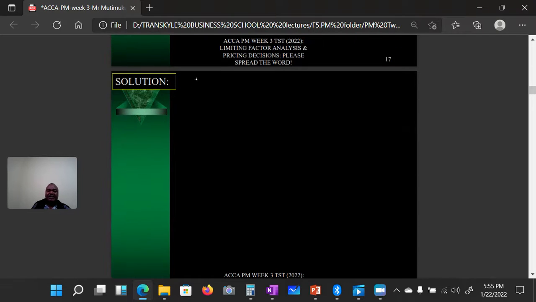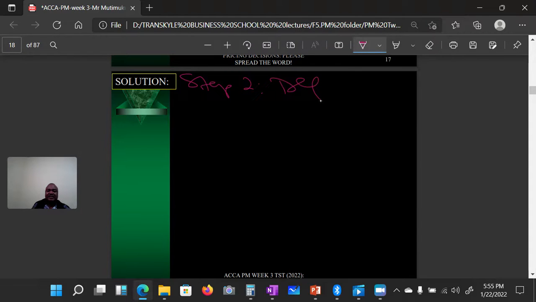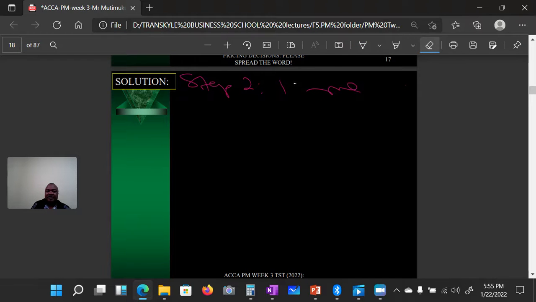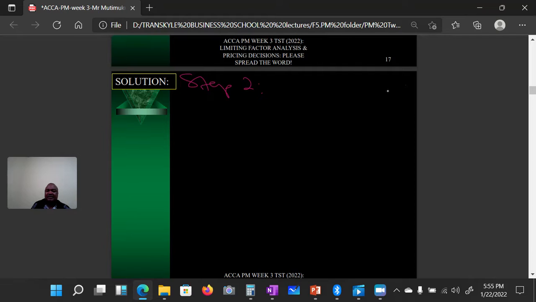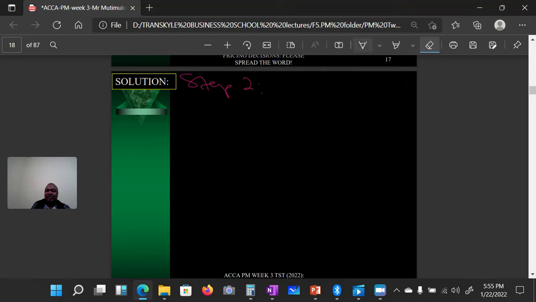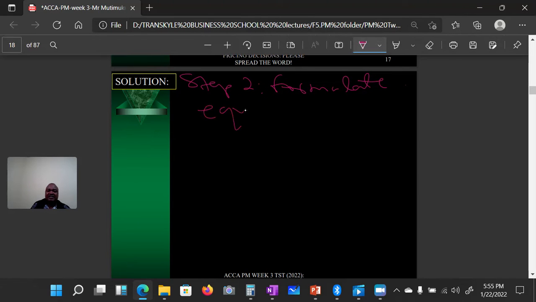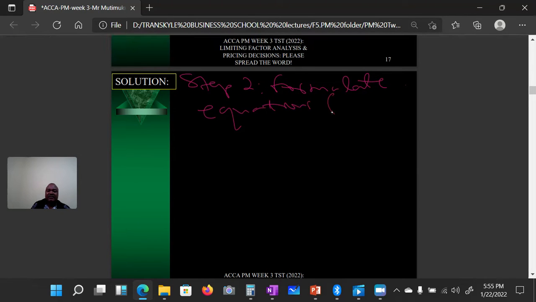Step 2, formulate equations for constraints.